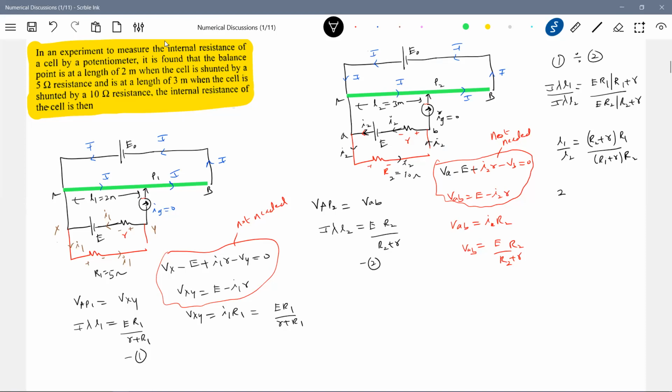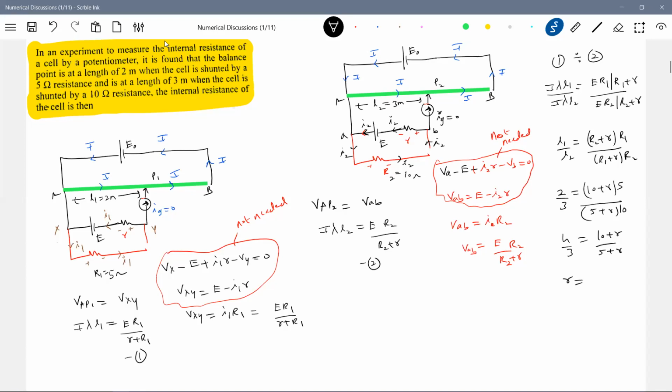L1 is 2, L2 is 3. The resistance what we have connected is how much? R2 is 10 plus r, this is 5. This will be 5 plus r, this is 10. So this will be 4 by 3 equal to 10 plus r by 5 plus r. Anybody got the value?